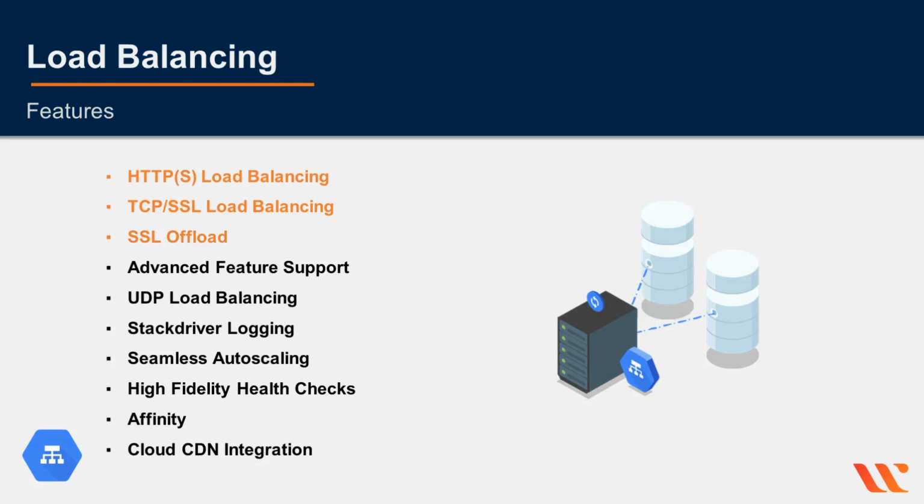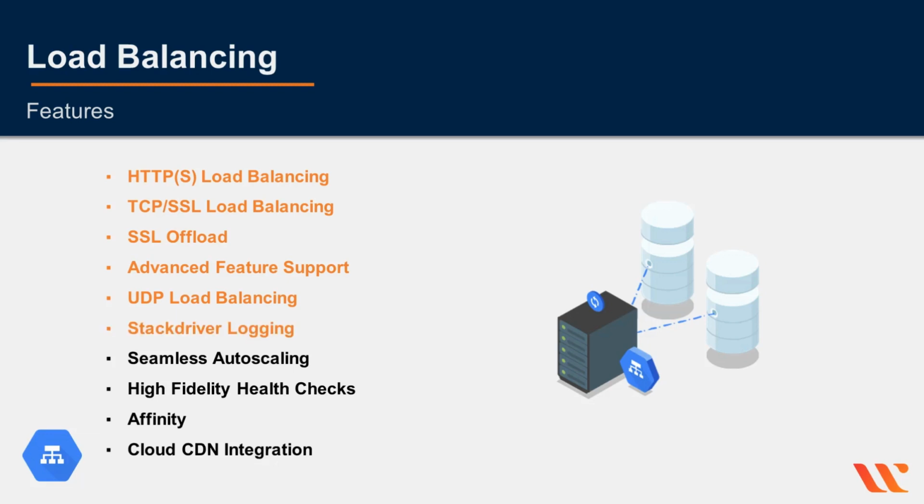SSL offload enables you to centrally manage SSL certificates and decryption. Cloud Load Balancing also includes advanced support features such as IP version 6 global load balancing, WebSockets, and user-defined request headers. UDP load balancing allows UDP traffic over a pool of instances within a Compute Engine region.